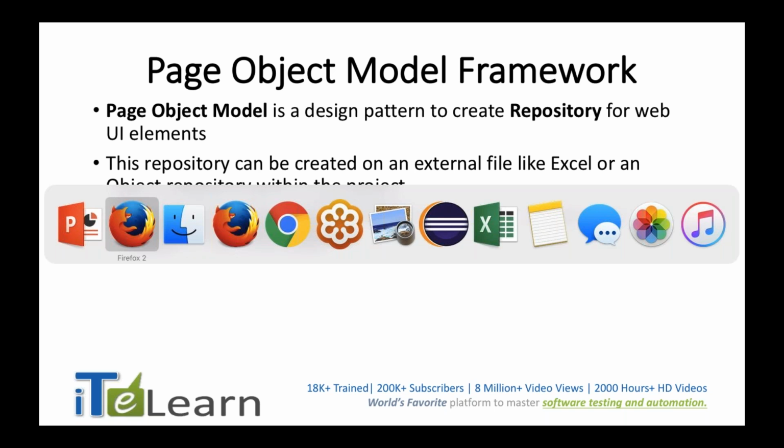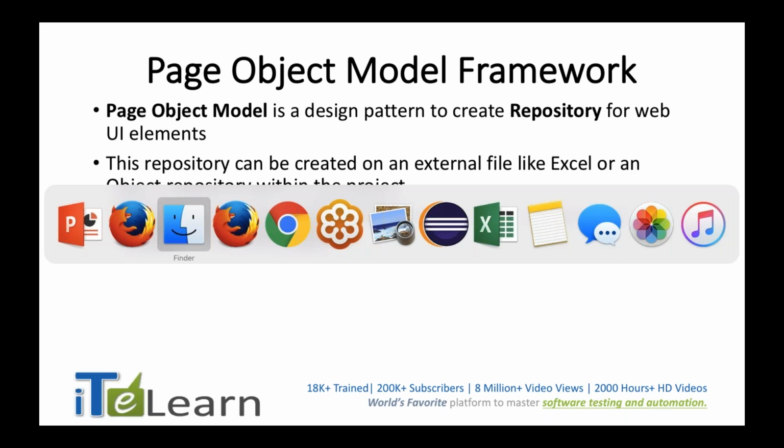If tomorrow, for some reason, the ID changes, the developer changed the identification, then you don't have to go and change all your test cases. You just have to change it at one location, whether you're using an Excel file or an object repository. Just change it at one place, and it will reflect in all the other places. So it's very easy to maintain in that way.